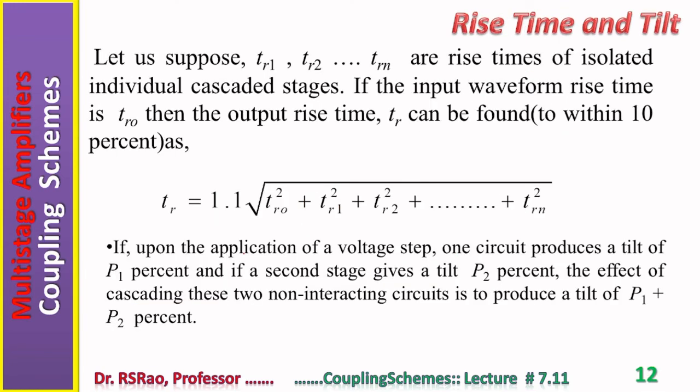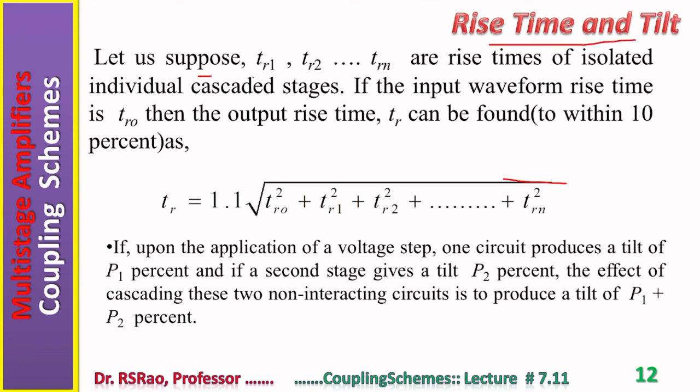It has been mentioned that bandwidth is a frequency domain specification. The corresponding parameter in the time domain is rise time. More bandwidth refers to less rise time. A few points regarding multi-stage amplifiers in terms of rise times of individual stages.